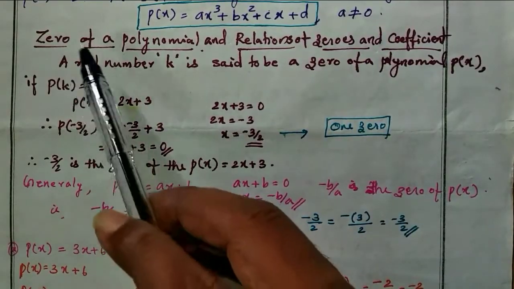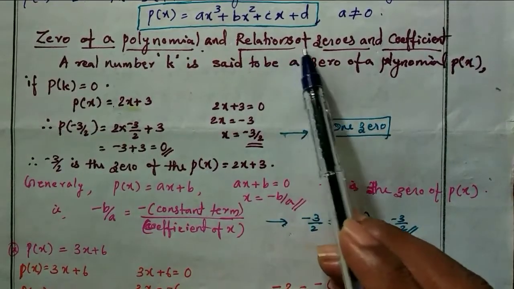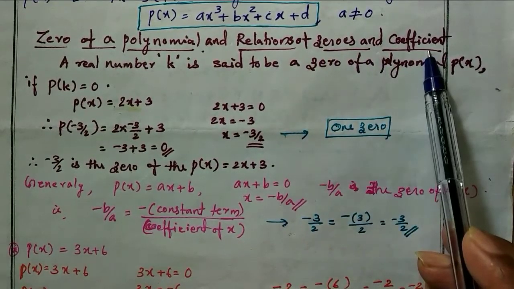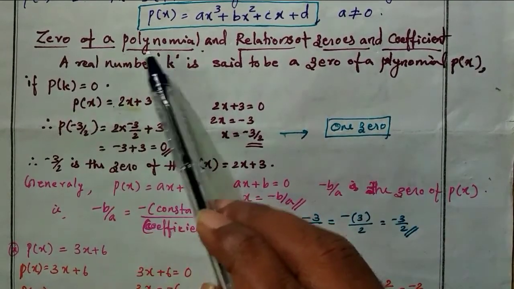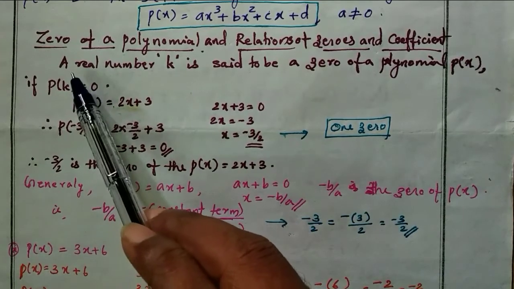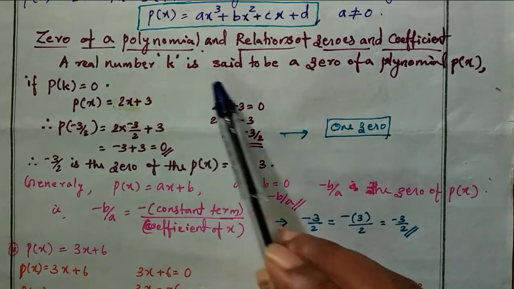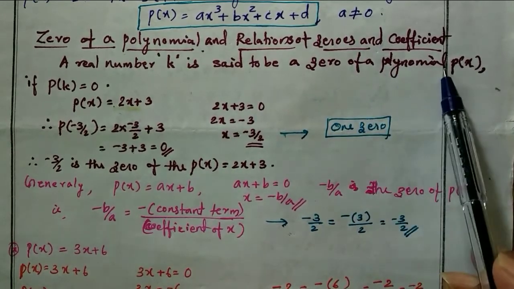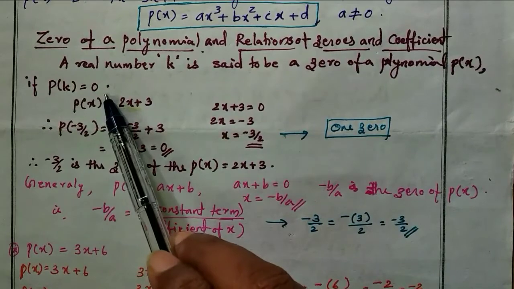Now we are going to start the new concept of this chapter, zero of a polynomial and relations of zeros and coefficients. Okay, you already learned zero of a polynomial in 9th standard. What is a zero of a polynomial? A real number k is said to be a zero of a polynomial p of x if p of k equal to 0.